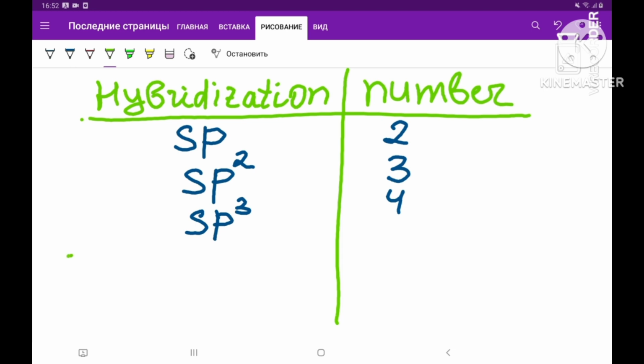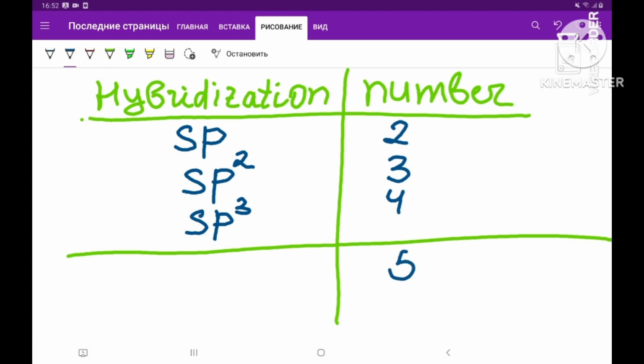Let's see what happens further. If we have 5, it should be sp4, because 1 S, 4 are missing, but we know that the p subshell has only 3 orbitals. There cannot be 4 p orbitals. Then it means that this is not right. This is wrong. Then we can write maximum sp3.